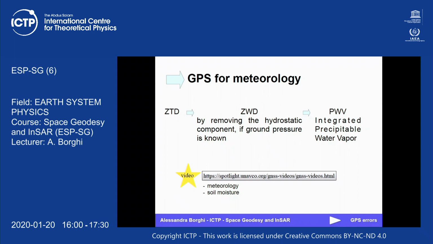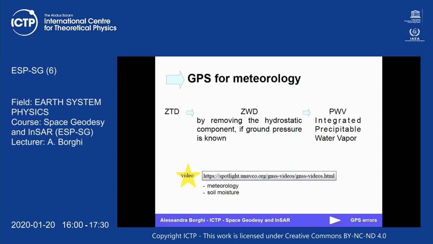And there is also another video on this part, where they use GPS for meteorology. This is also important because we are going to see that we can use GPS for InSAR measurements, to correct the InSAR measurements for the tropospheric effect.